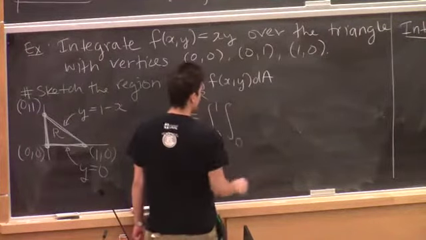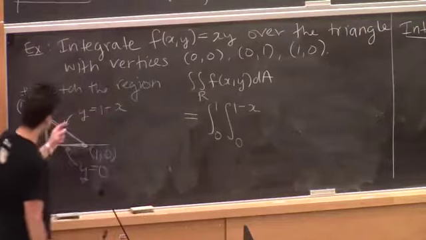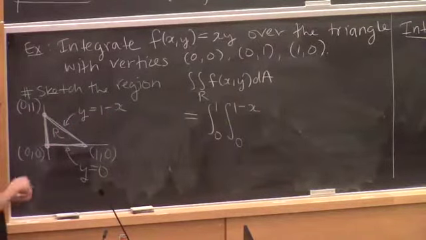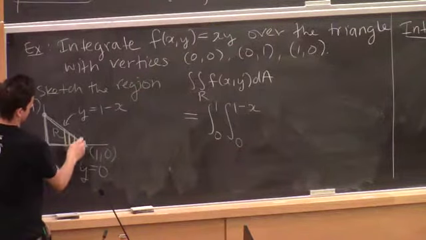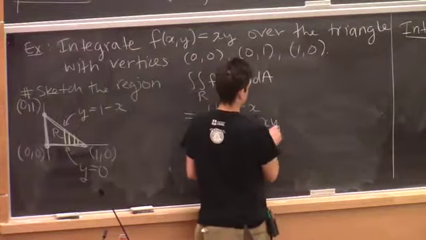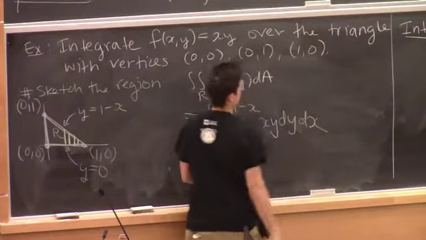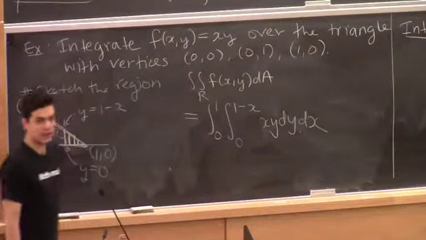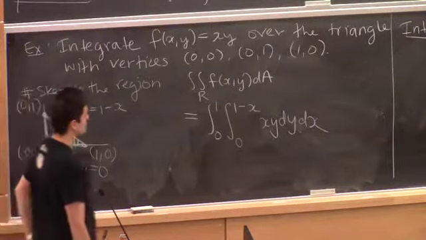And then the integral from 0 to 1 minus x, which is our upper bounding function. And then we get this guy here. Okay, sweet.